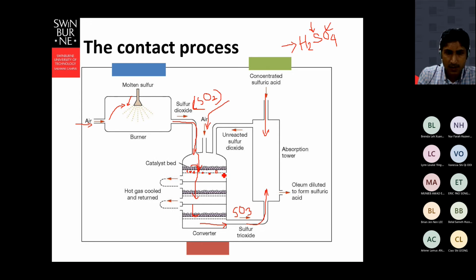Since the H2SO4 coming down is concentrated sulfuric acid, with no water, it is reacting with SO3. So what happens is H2S2O7 is formed.